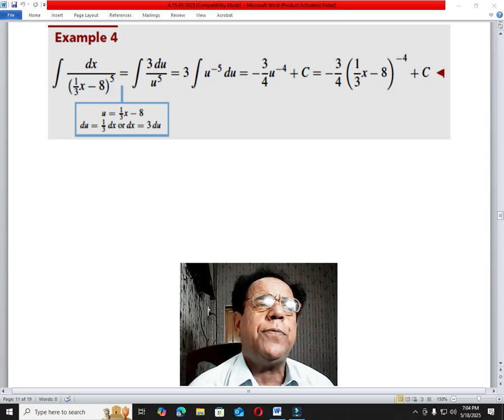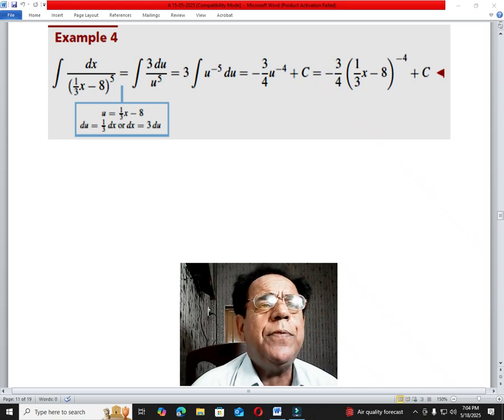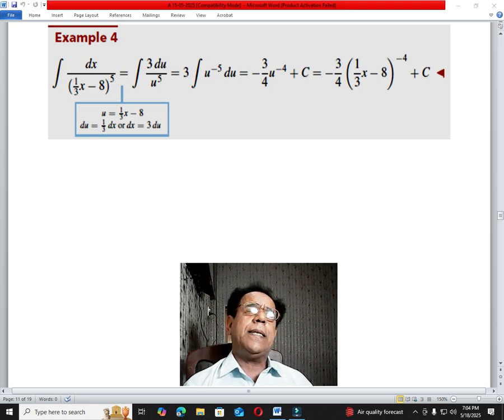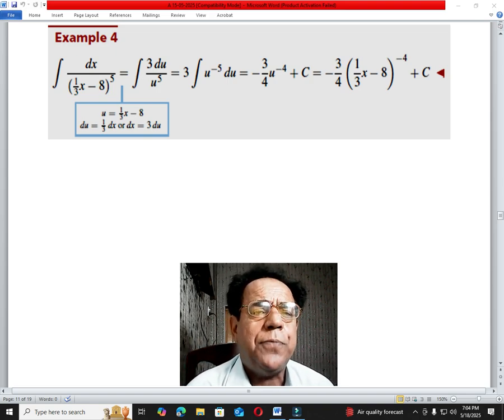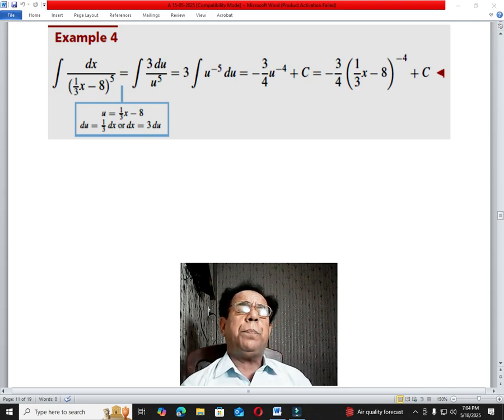Here 3 is constant, so it will be written prior to sign of integration, and then u5 which is in the denominator will appear in the numerator, but its power will be reversed, that is to say we will get u raised to power minus 5, and then we will integrate it according to power rule, that is to say power will be increased by 1, so it will become minus 4, because when we add 1 to minus 5, it becomes minus 4, and similarly this minus 4 will appear in the denominator.